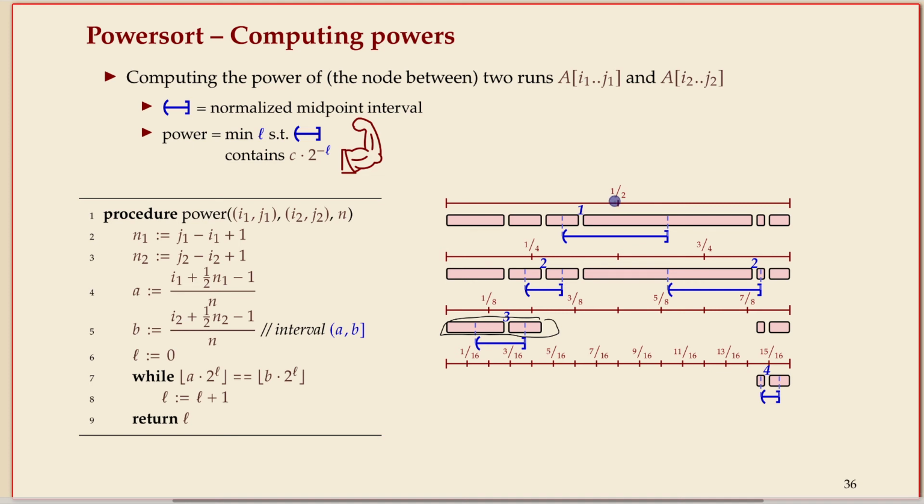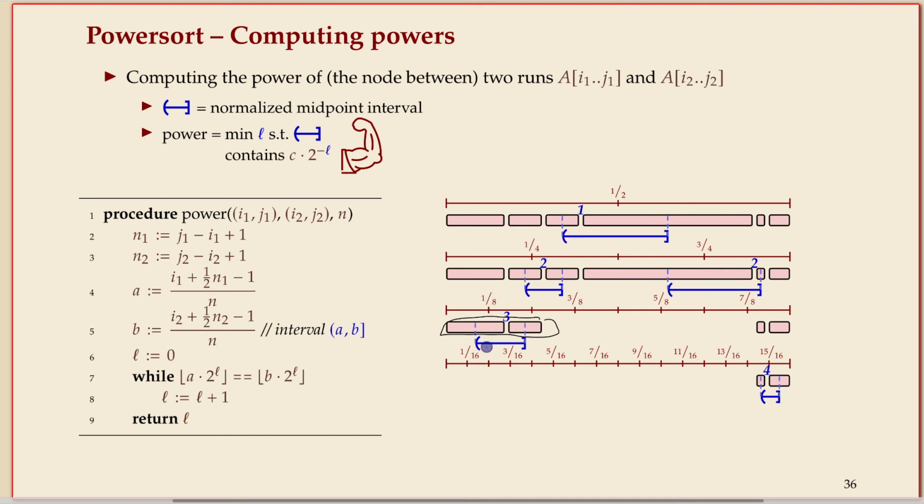I can ask, is this point 1/2 contained in this blue interval? No, it's not. It's far to the right. So I have to continue to the next level. At this point, I divide it into quarters. Is any of the quarters inside my blue interval? Yes or no? No again. The smallest is still to the right, so I have to go one level down. Now I take eighths. And here I find that 1/8 is actually contained in this blue part.